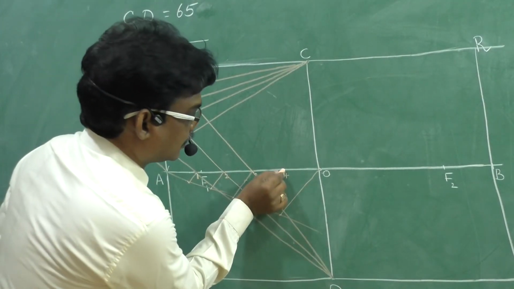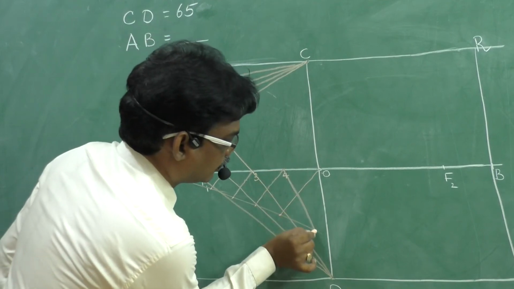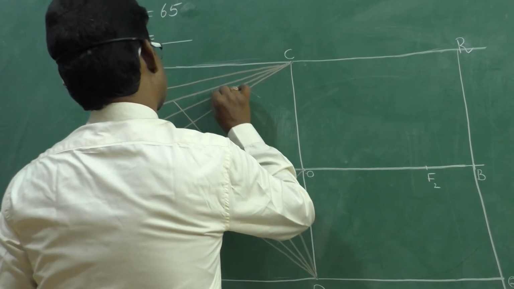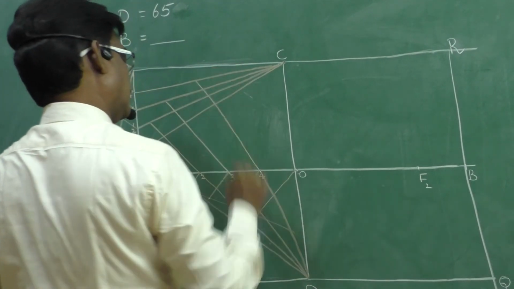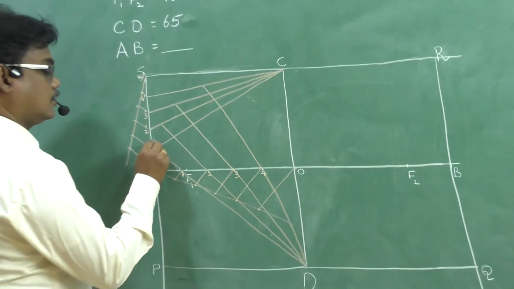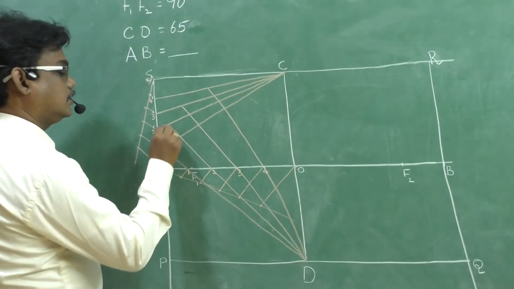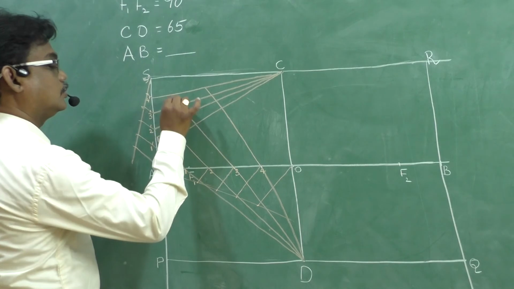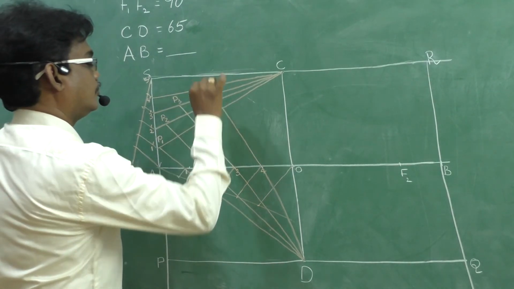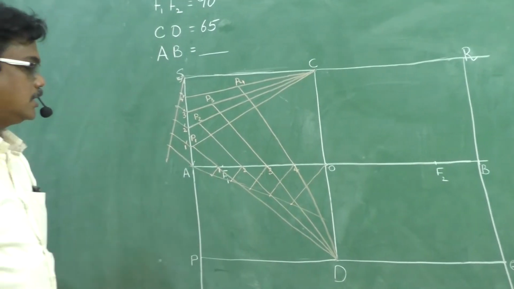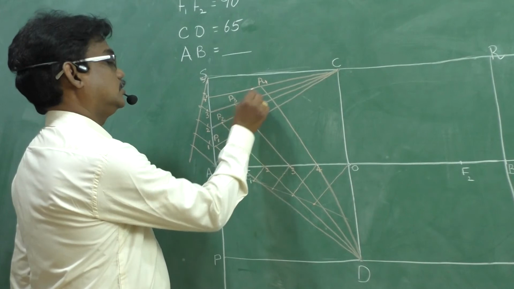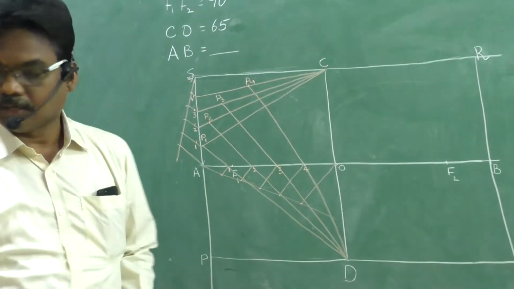Okay, after that, 4 to D, and extend it up to 4 dash line. Okay, now we can name these as P1, P2, P3 and P4, right? These are the points on the profile of the ellipse.